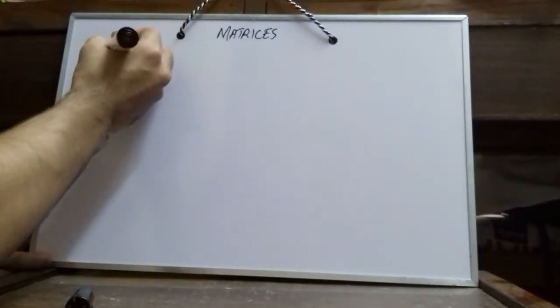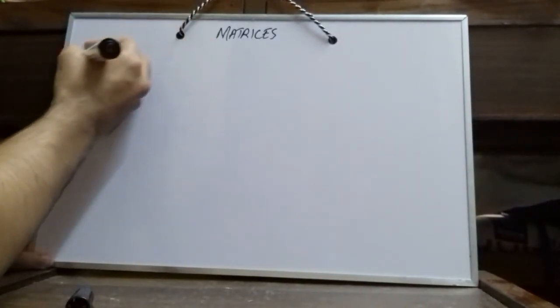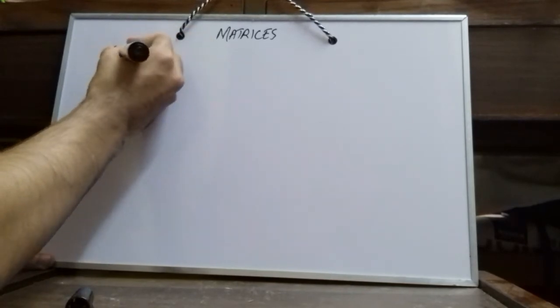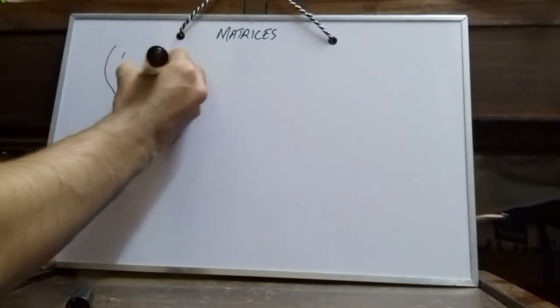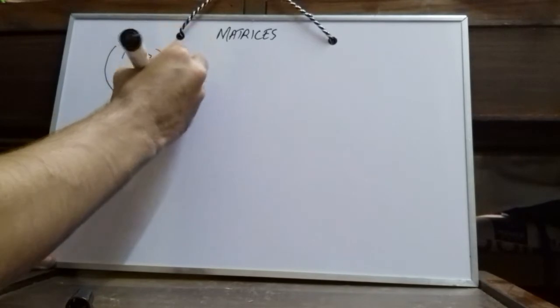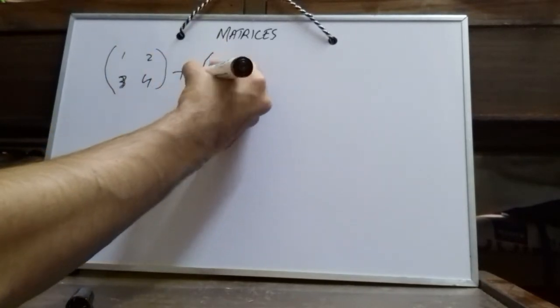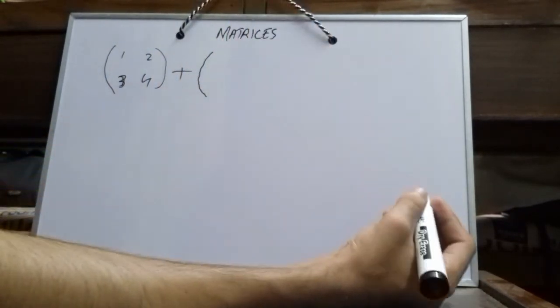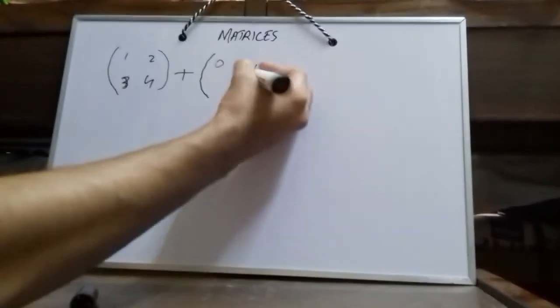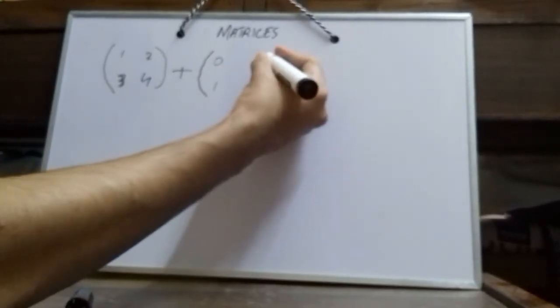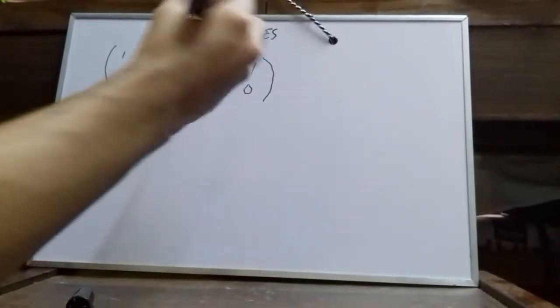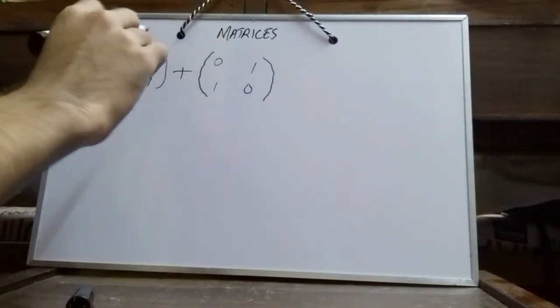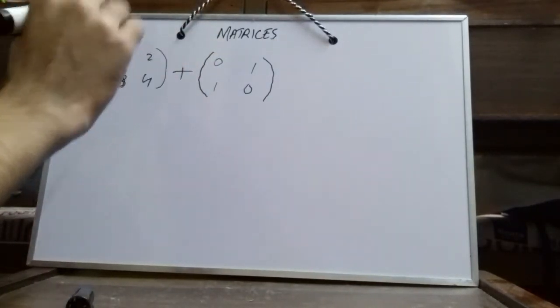Let's see an example. This is a matrix 1, 2, 3, 4, and we add it to a matrix which is 0, 1, 1, 0. So what is actually happening inside the addition?